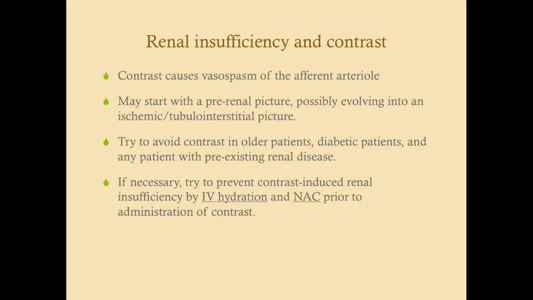So remember, vasospasm of the afferent arteriole will reduce blood going to the kidneys, and so that can actually cause a pre-renal picture, and that's what you'll have initially. Then the contrast, as it is in the blood longer, will cause an evolution into an ischemic and tubular interstitial picture. So think of contrast as causing both pre-renal and tubular interstitial disease.